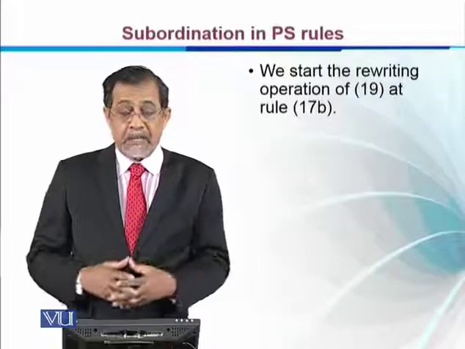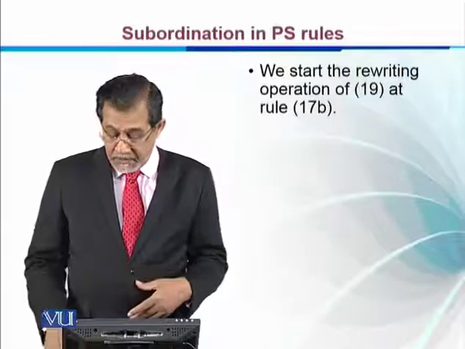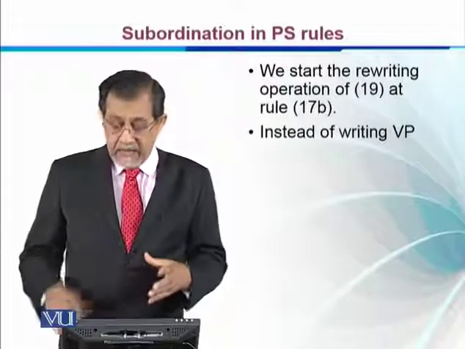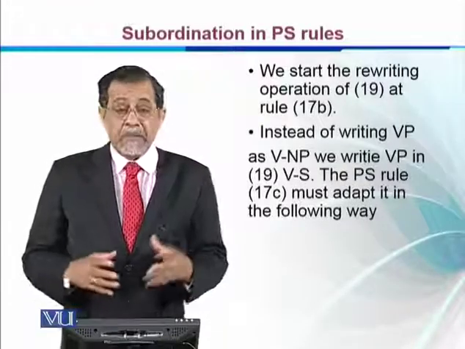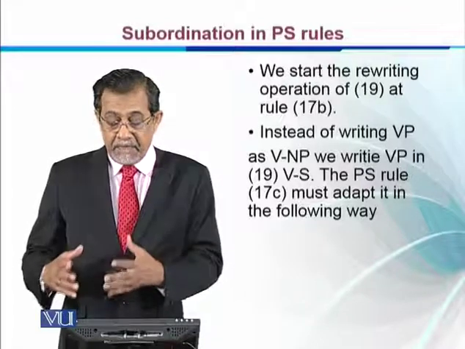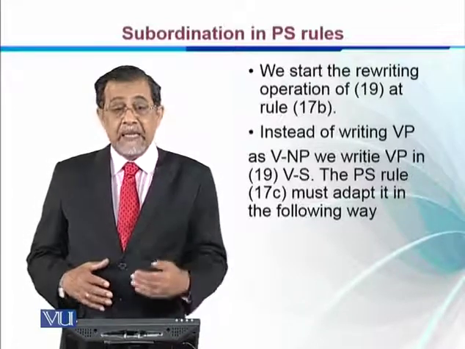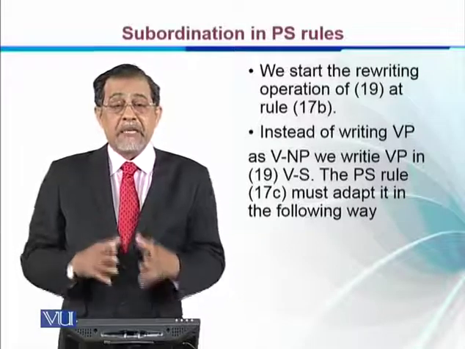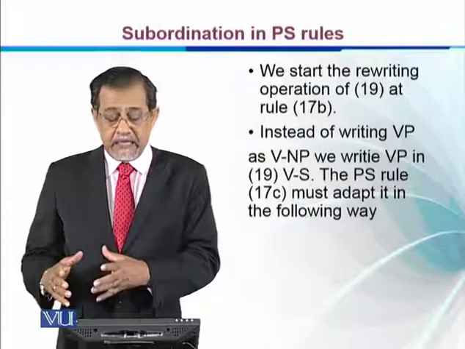Rewriting rule 17b, instead of writing VP as V and NP, we write VP in 19 as V and S. So it means that VP consists of a verb and a sentence.